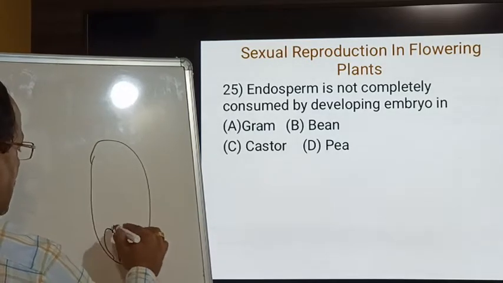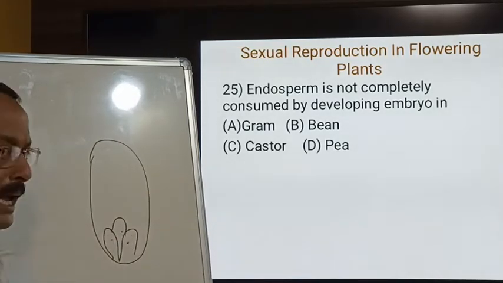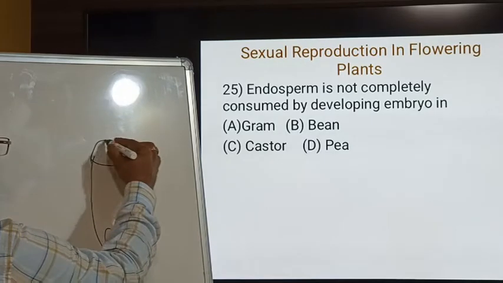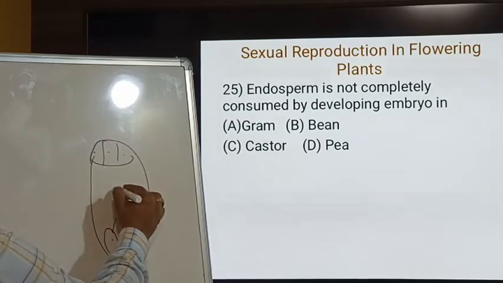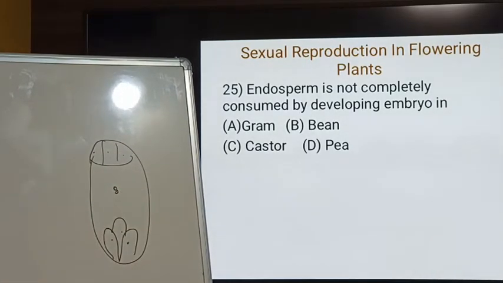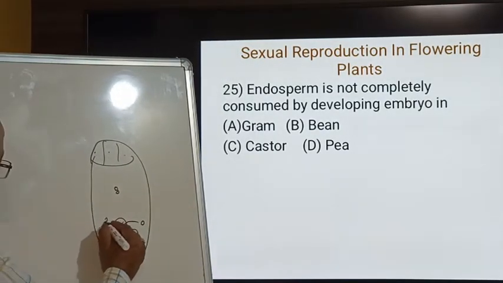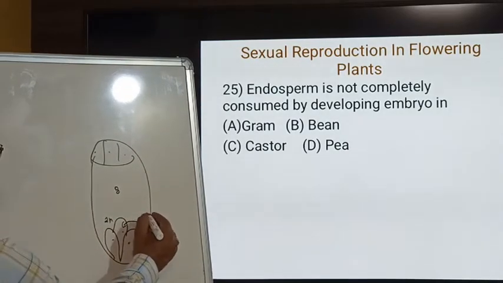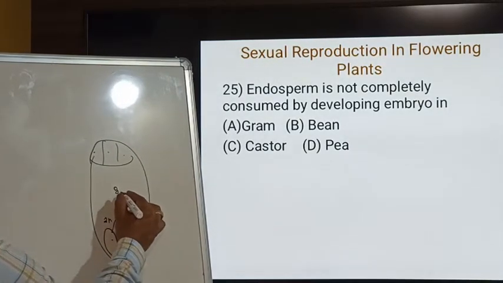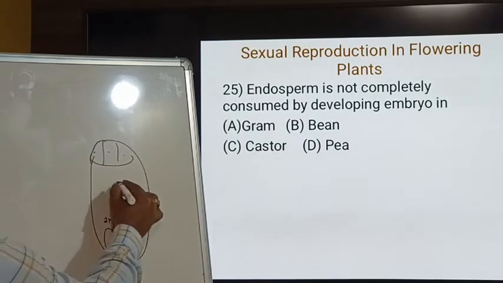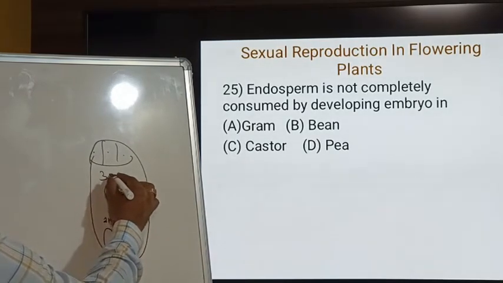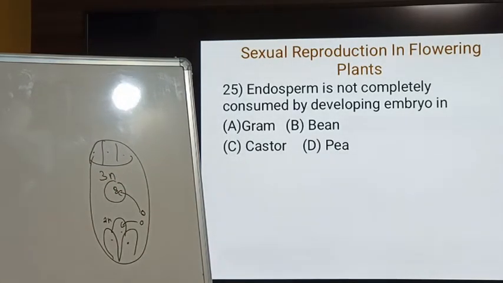These are the synergids and egg, together called the egg apparatus. These are the 3 antipodal cells, and these are the 2 polar nuclei present in the central cell. One male gamete fuses with the egg to form the diploid zygote, and the other male gamete fuses with the 2 polar nuclei to form the triploid primary endosperm nucleus.